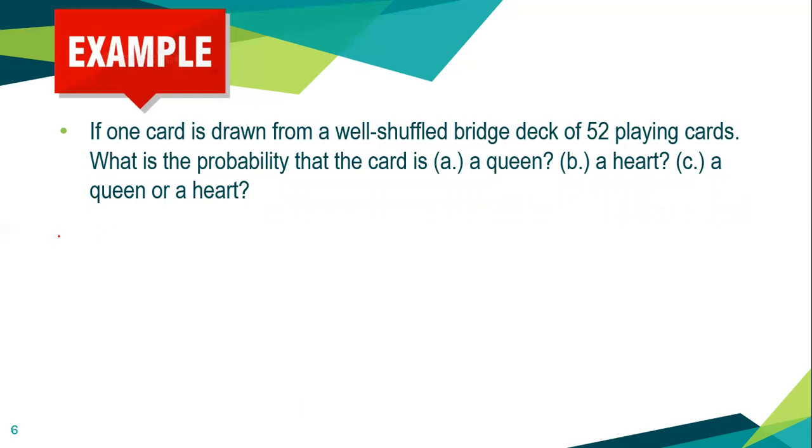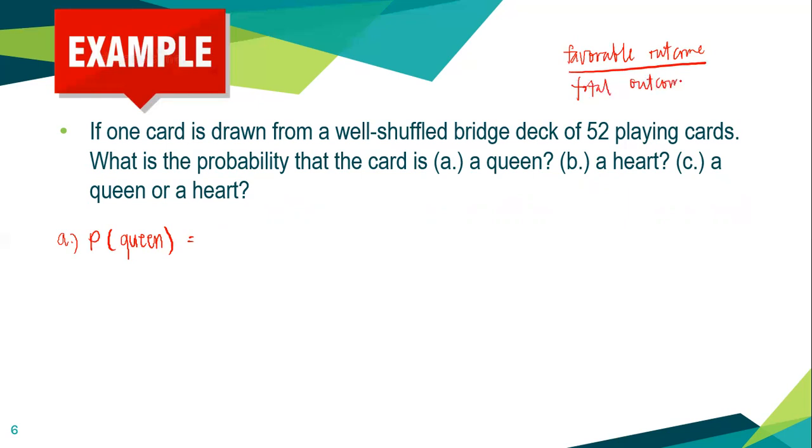For letter A, ang gusto niya lang malaman is probability of queen. Tama? So para lang magsasagot tayo nung second topic natin, we have favorable outcome over total outcome.